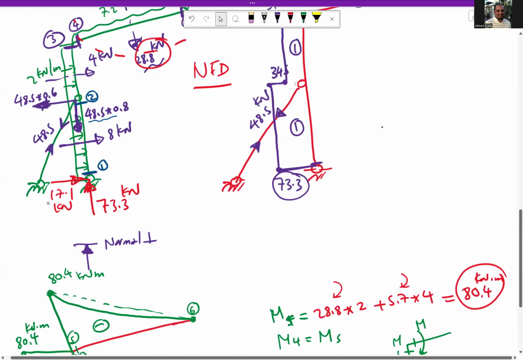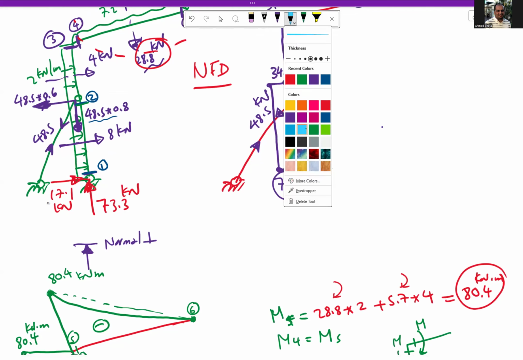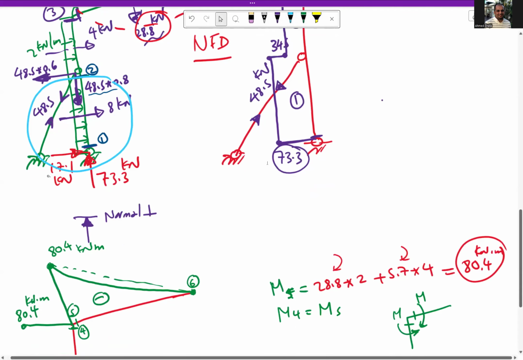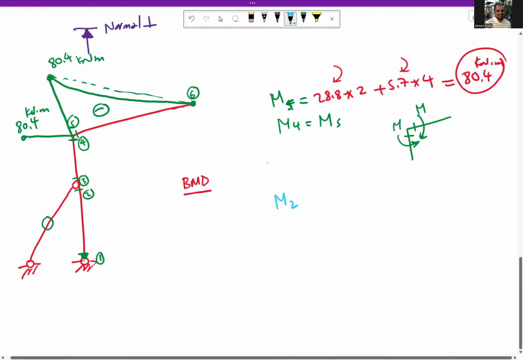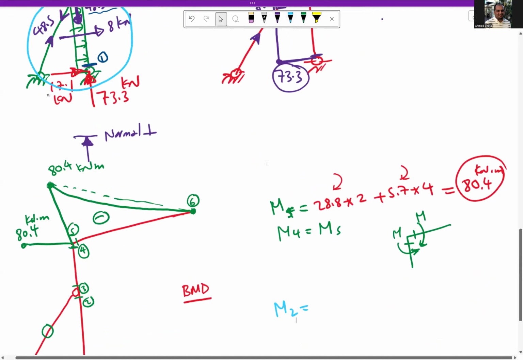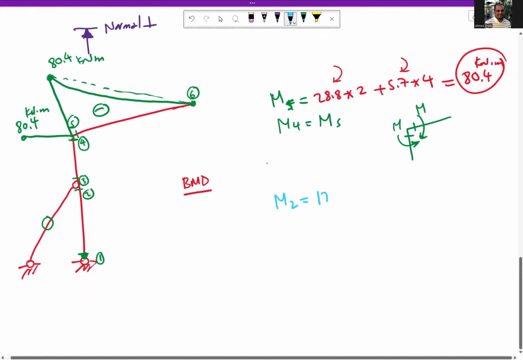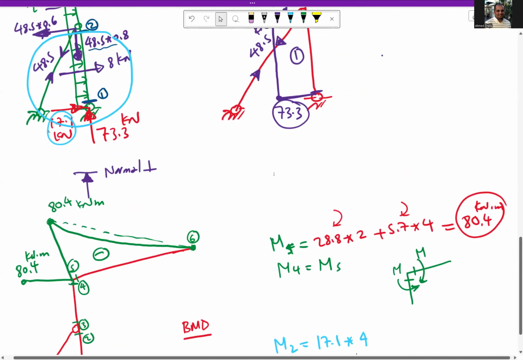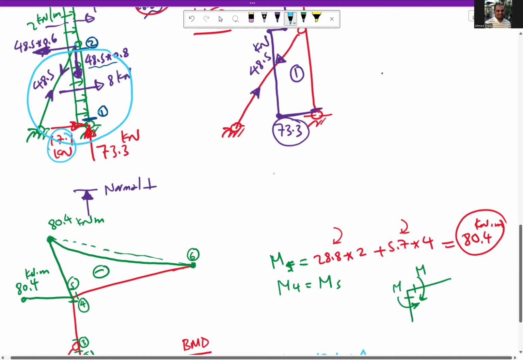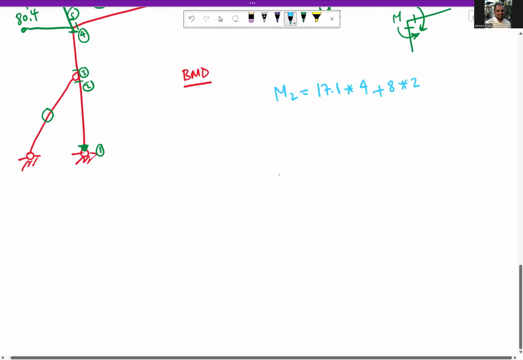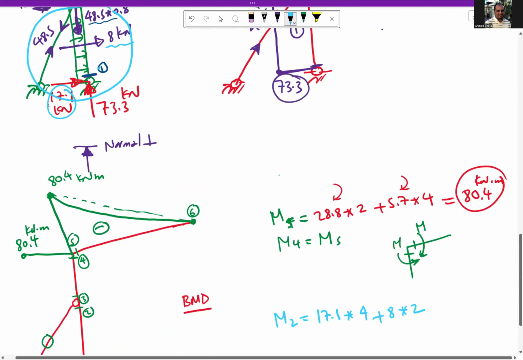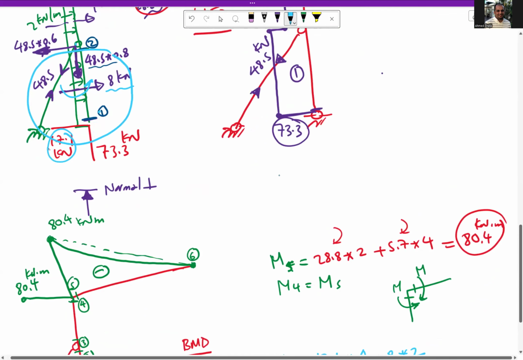At section 2 here, we study this part. What is causing moment at section 2? M2 will be this reaction, 17.1 times the distance 4, because we are here. So the distance from here to here is 4, plus 8 times 2, because this force and this force are both in the same direction.